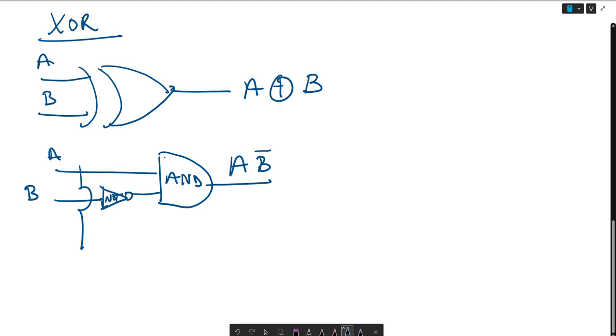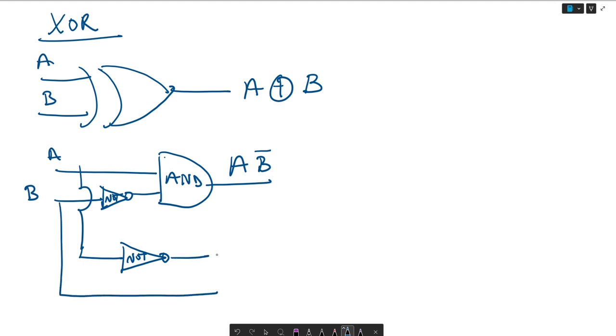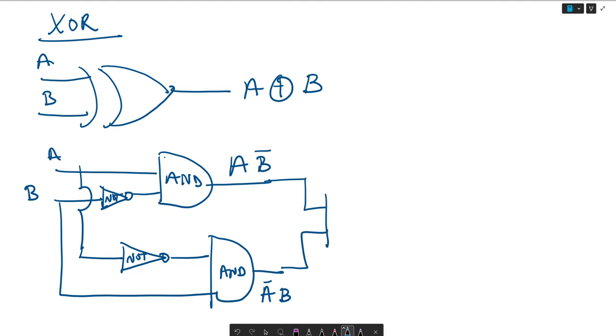And we do the opposite to another NAND gate here. So we NOT A, and we AND both of them, so A not B. And then we pass this through an OR gate.